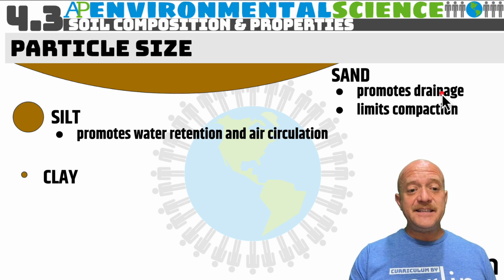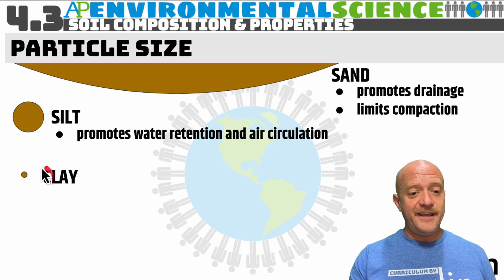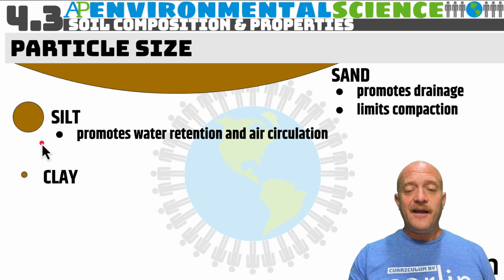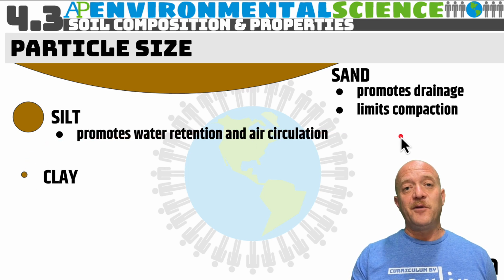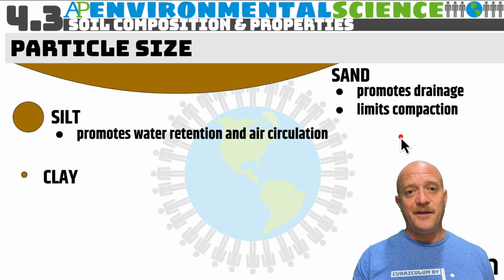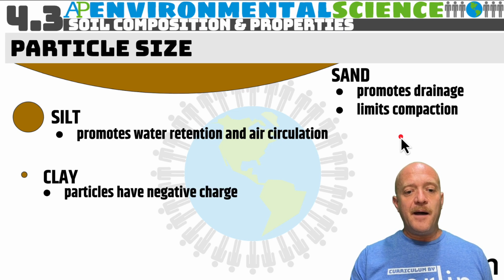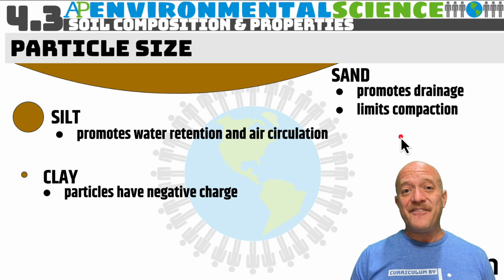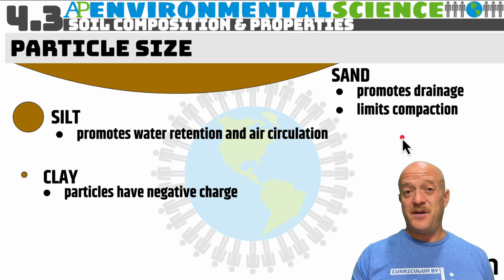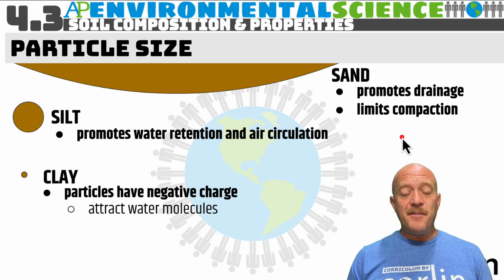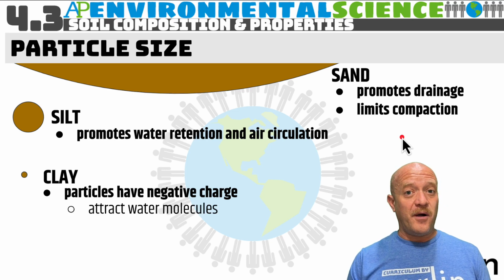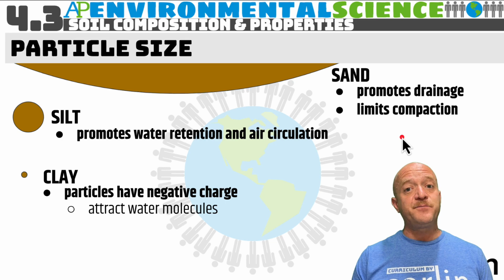Now, clay is the smallest particle. Clay is so small. We're going to be working with this in class, but we really can't see clay with our naked eyes. It literally just looks like cloudy particles, like cloudy water. But the particles in clay have a negative charge. So what that means is they're going to hold on to some ions. They're going to attract the water molecules as well, because recall that water is polar.